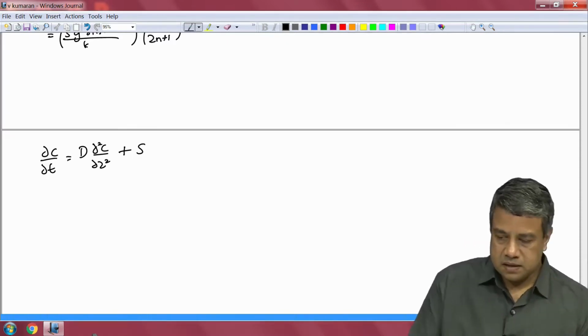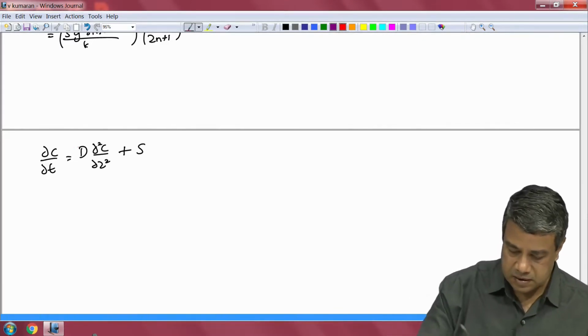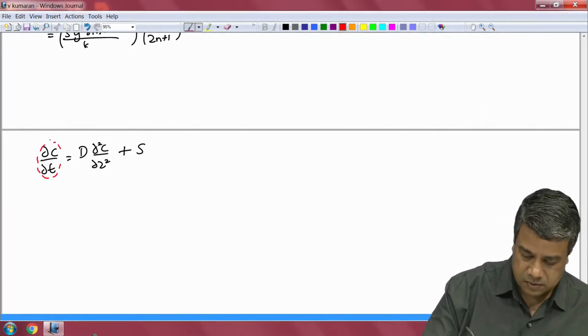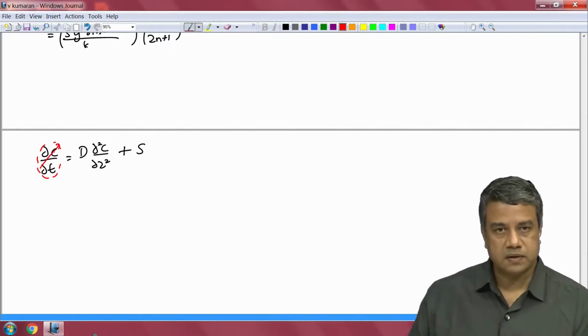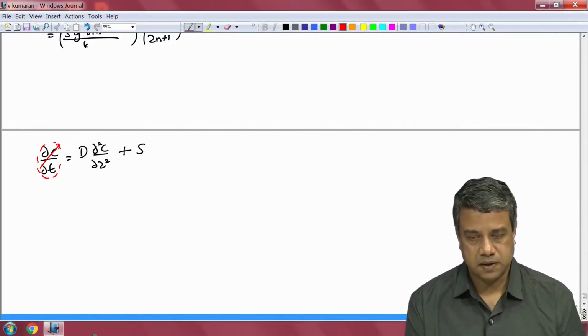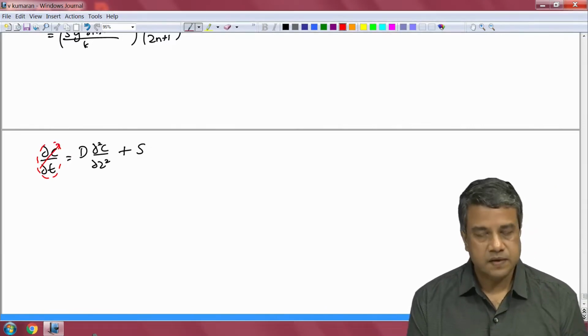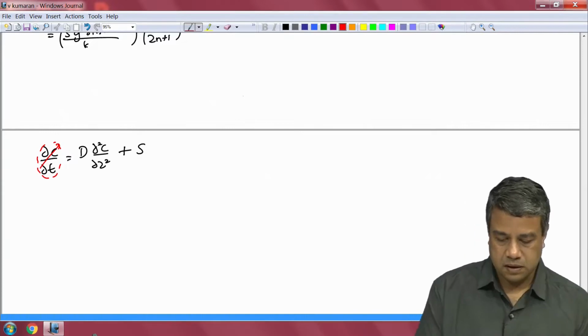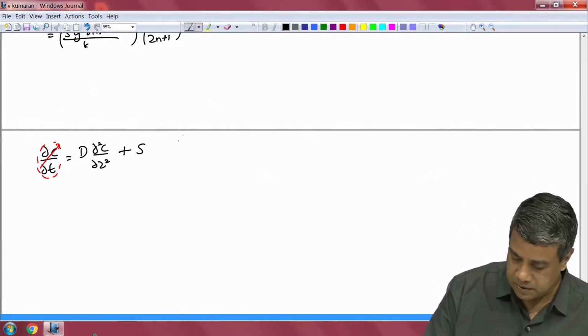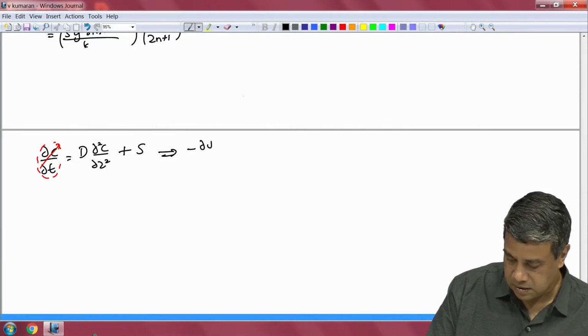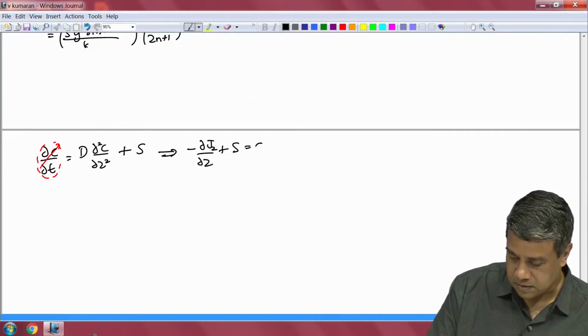We had solved these so far for the case where there is no variation in time, so that it is at steady state. If there is no source, then an equivalent way to write this is minus partial j z by partial z plus source is equal to 0.